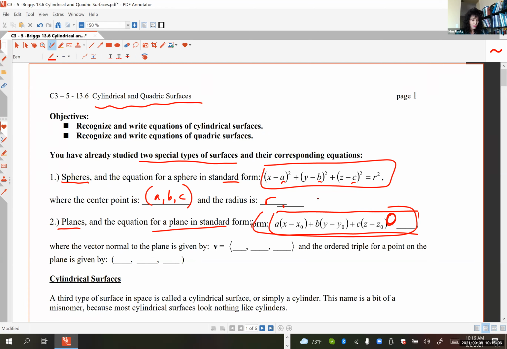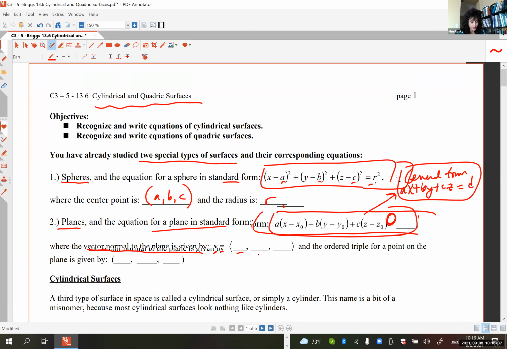And then after you multiply everything out, of course, the plane equation looks like ax plus by plus cz equals some constant term, say d. And that's called general form, when it's all multiplied out and you got rid of all the parentheses. Okay, now when you have your plane equation, you can quickly cherry pick off the two important ingredients. What is the vector that's normal to the plane?